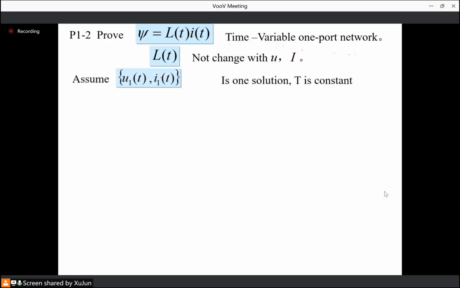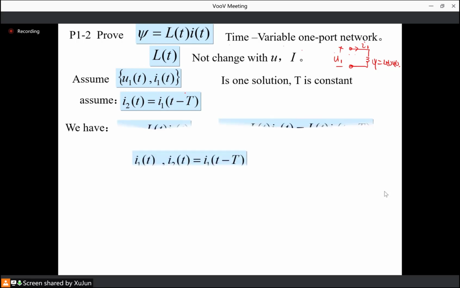We assume u1, i1 is one solution for this component. We know psi equals L(t) i(t). At first, we take this u1, this i1, and assume i2(t) is i1 delayed.